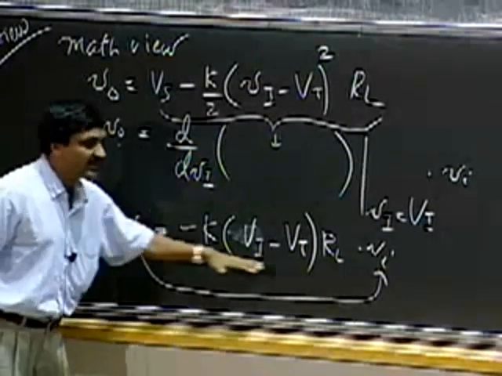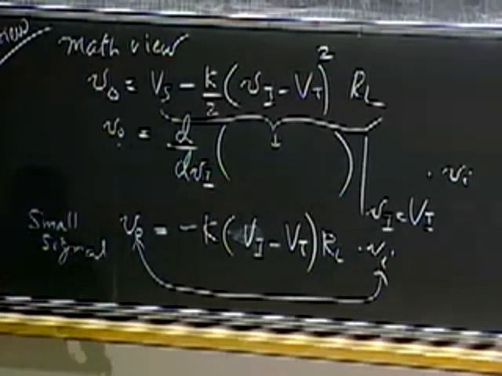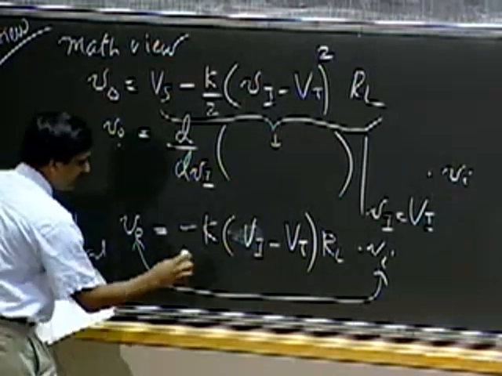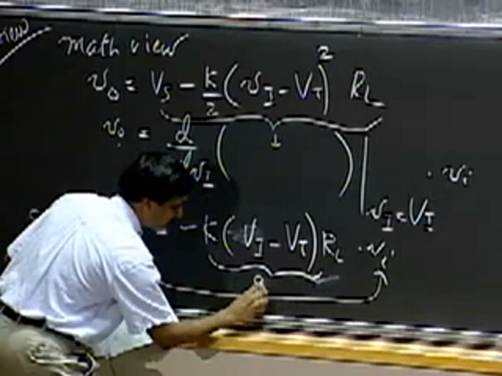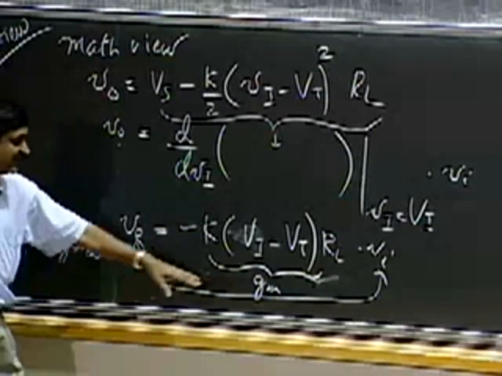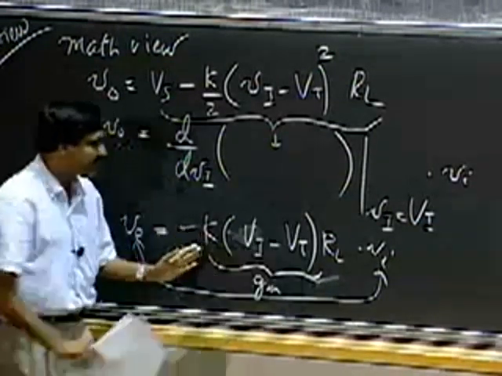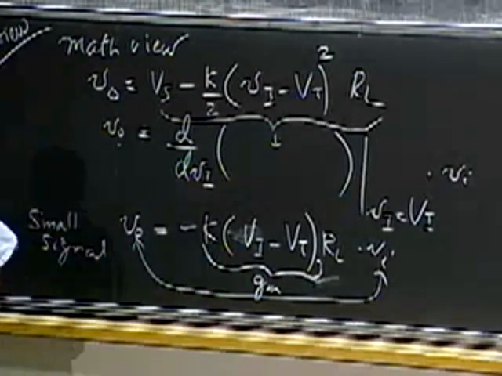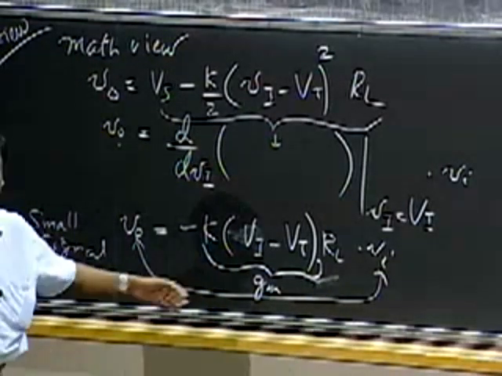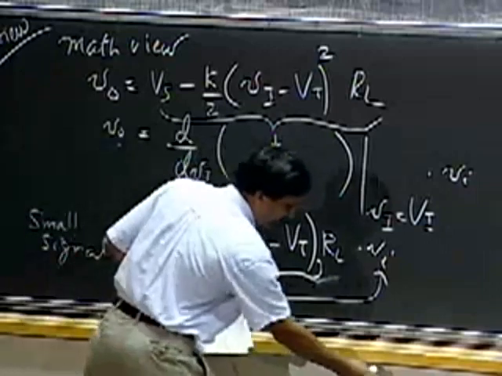So therefore, this is the linear relationship that we had set out to get. For reasons you will see today, this term here, K VI minus VT, is called GM, transconductance. We will look at it in more detail a little later.